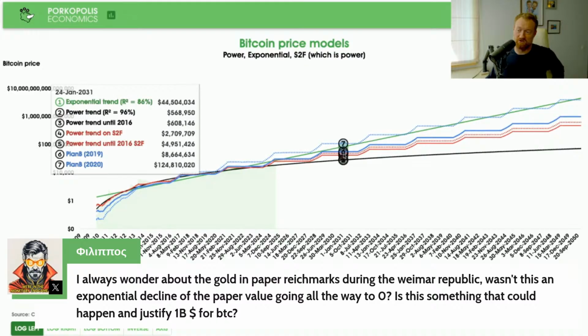And as you can see on log scale, basically everything but the power curve looks like crazy numbers, right? Even going out to here, like 2035, the power curve is still showing 1.6 million, 1.8 million. Okay? The exponential trend is in the billions. Plan B's 2020 stock-to-flow trend is in the billions.